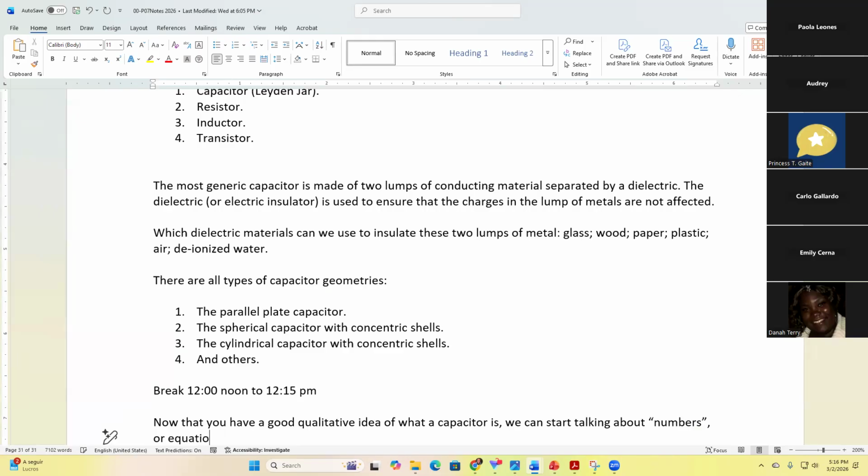First the qualitative idea, and then the quantitative idea.